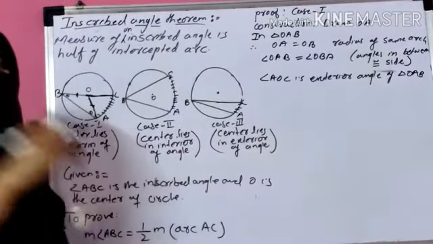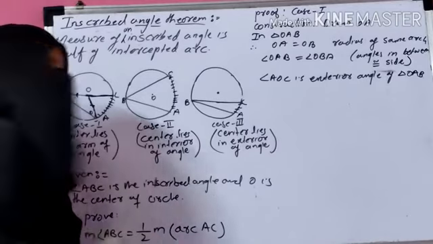And you know that the exterior angle is equal to the sum of its remote interior angles.